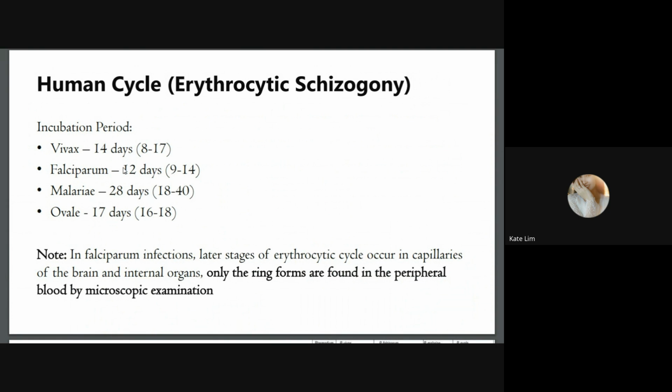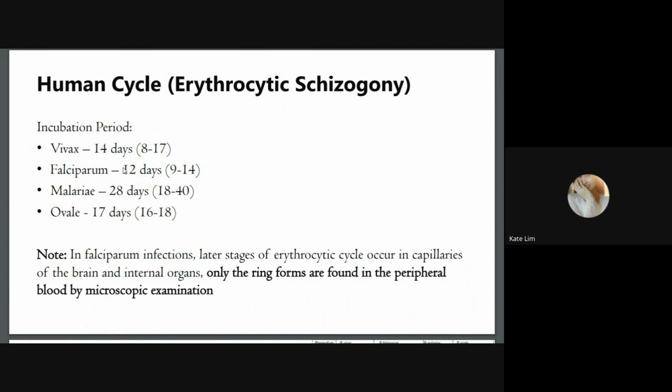Now, here's where things get interesting because your Plasmodium falciparum has a sneaky trick. This Plasmodium can do their thing in the blood and has a tendency to hide out in the capillaries of the brain and internal organs during the later stages of its life cycle.